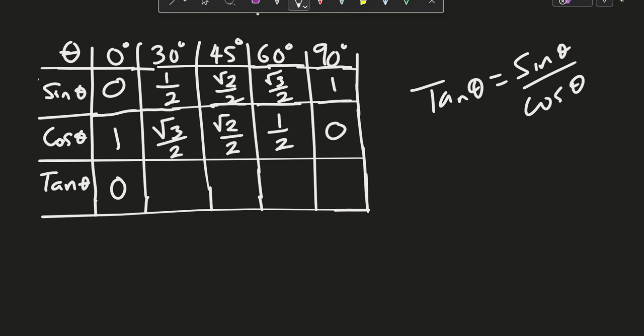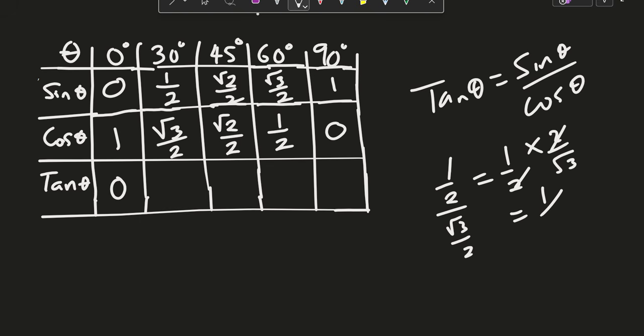Then we have 1 over 2 divided by root 3 over 2, so we are going to have 1 over 2 times 2 over root 3. Automatically this cancels, giving 1 over root 3. Or basically you can rationalize and then you have root 3 over 3. But I'm going to put 1 over root 3 here.